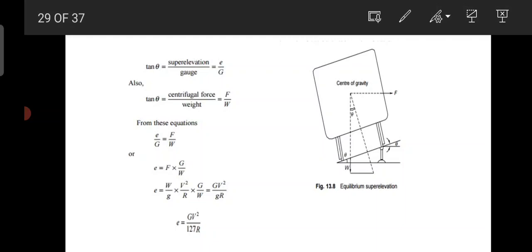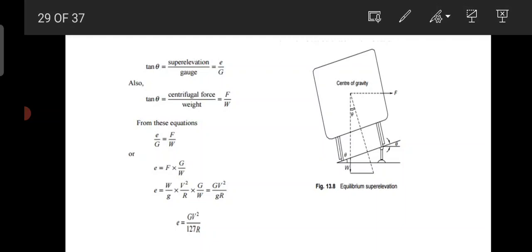This inclined line is the super elevation that has been provided. The horizontal line is the level of the inner rail, and the inclined portion gives you the centimeters or millimeters by which the outer rail is raised with respect to the inner rail. That is equal to theta.